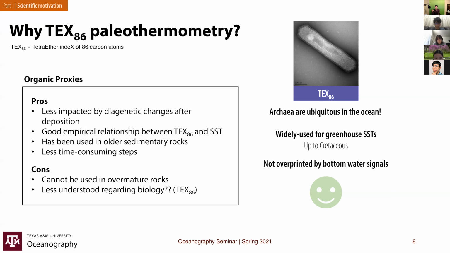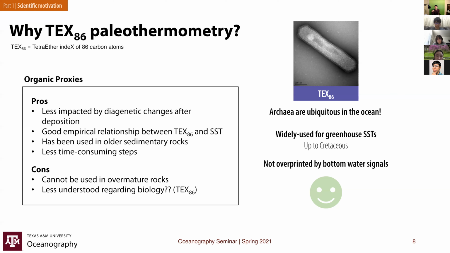It has some cons as a proxy, because it's an organic proxy. If your sedimentary rocks are over mature, these organic compounds will be expelled as hydrocarbons, and they're not there in the rock sequences. And it's a little bit more complex in terms of who produces these biomarkers, because it's a relatively new proxy.